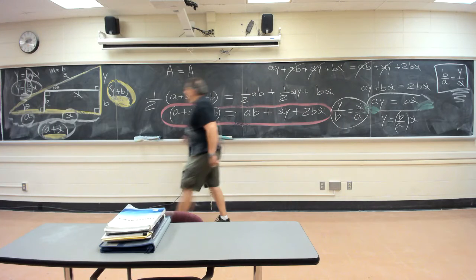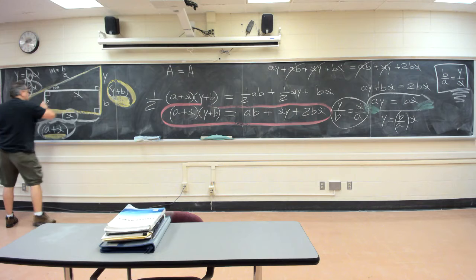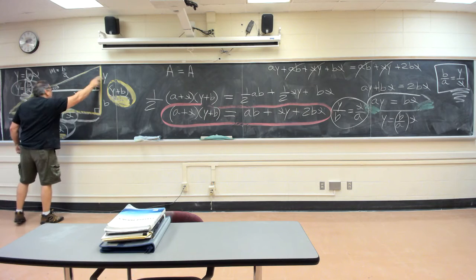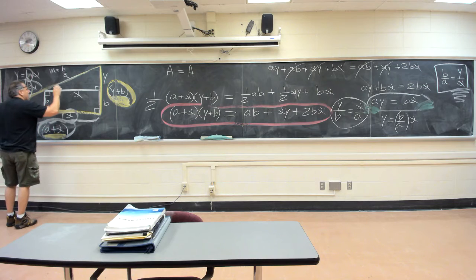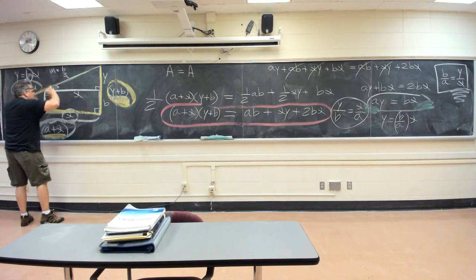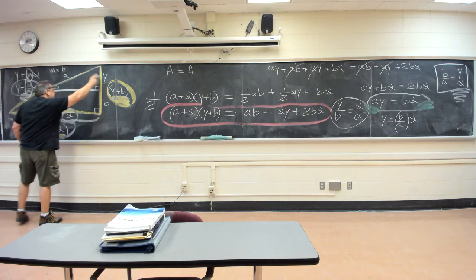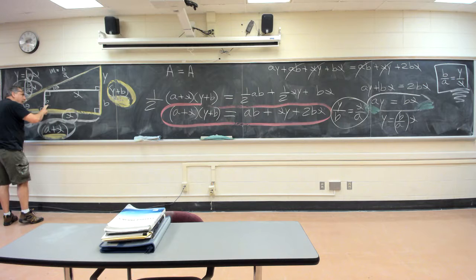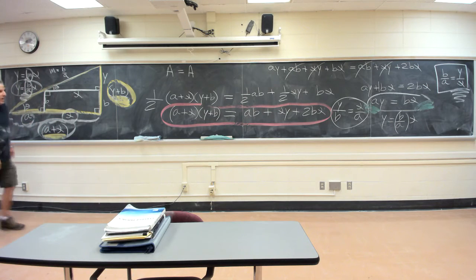Here I am comparing the rise of one to the rise of the other, y divided by b, and that's equal to, call this one the big one, that one the small one. Maybe it makes it easier to keep track. The big rise divided by the small rise is equal to the big run divided by the small run.